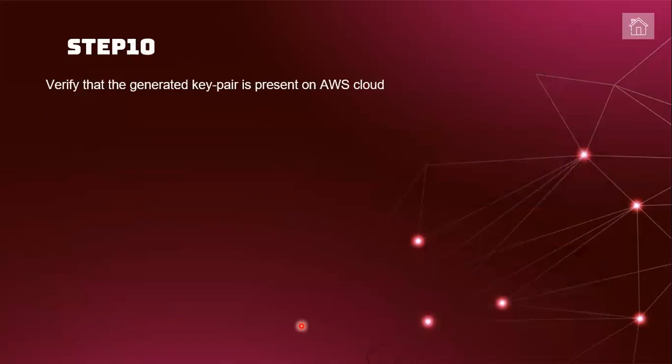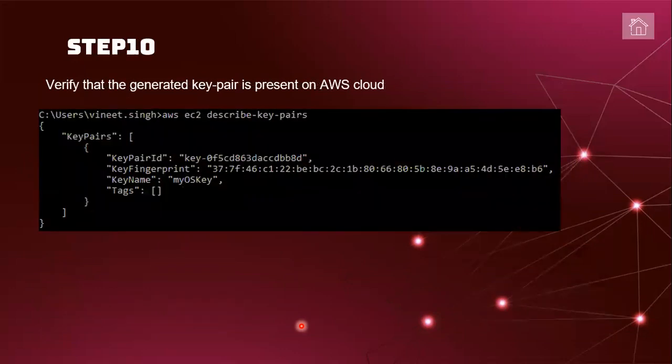Now, let's verify that the key which I just generated is present on our AWS cloud. This time, if I run aws ec2 describe-key-pairs, it will show me the key pair which exists, but it is not showing me the value again. So I will not be able to see those values.